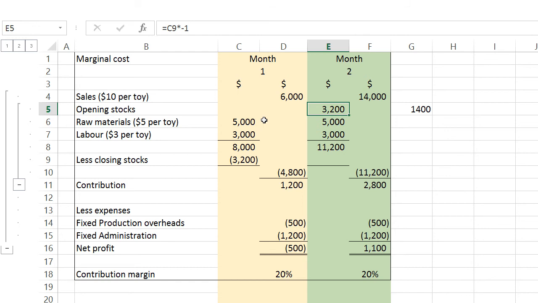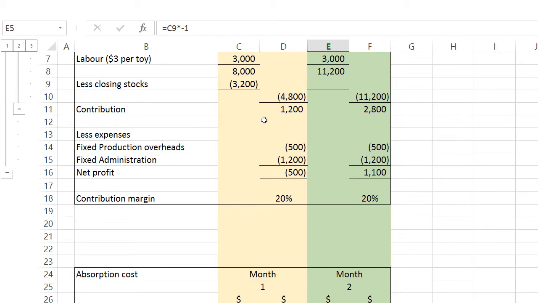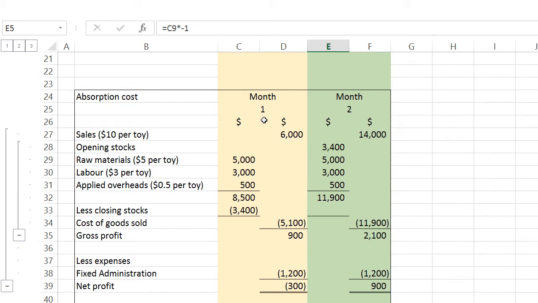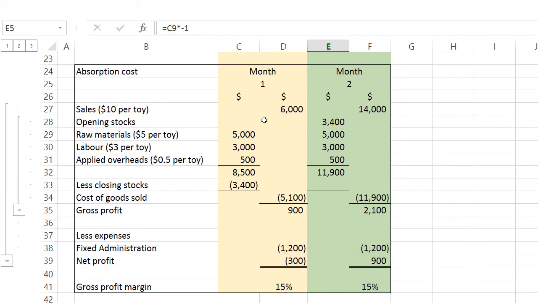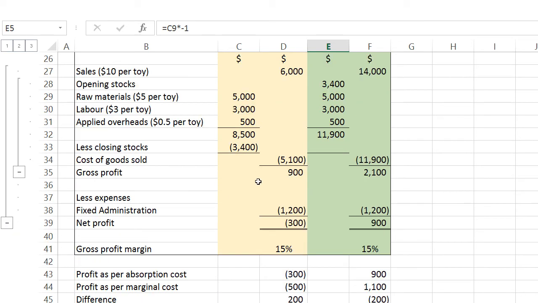Yes, you're right. So long as there is opening and closing stock, it will result in the absorption method and marginal cost method having different profits, right? So observe here, you have 1100 for the marginal method and 900 for the absorption method. So 900 versus 1100, you find that the difference is 200.